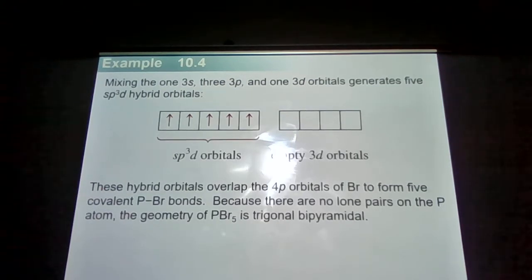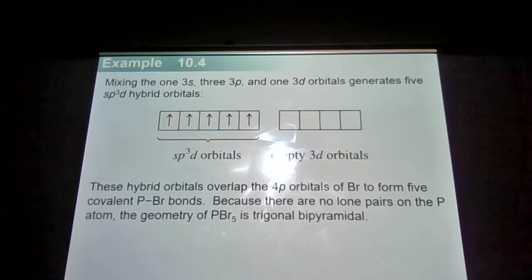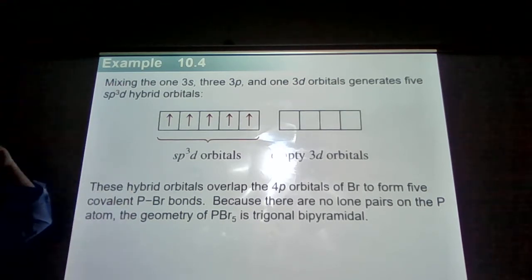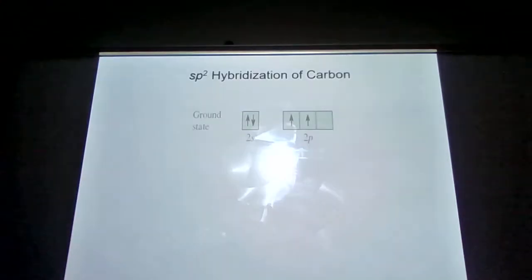We get sp3d type orbitals, and then 4 3d type orbitals that are not hybridized. So these hybrid orbitals overlap the p-type orbitals of bromine to form the 5 covalent phosphorus-bromine bonds. Because there are no lone pairs on the center phosphorus atom, the geometry of phosphorus pentabromide is trigonal bipyramidal.